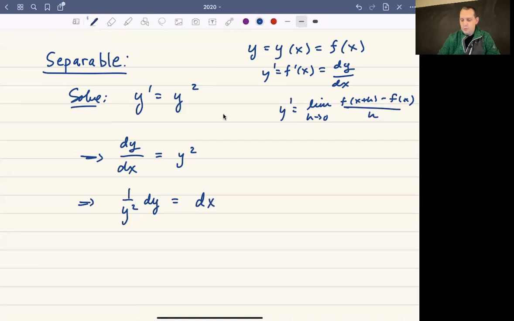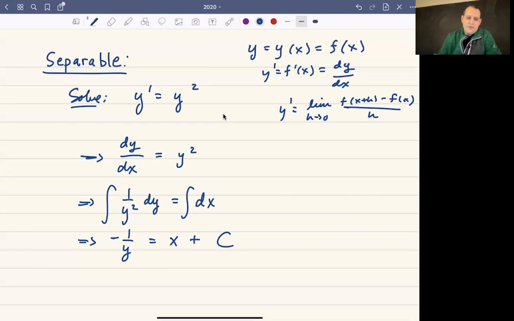But what we're allowed to do is integrate both sides, and now it's a completely okay equation. So now it's true that the integral of 1 over y squared dy is equal to the integral of 1 dx, or just the integral of dx. The integral of 1 over y squared would be negative 1 over y. The integral of 1 dx would be x, and we need a plus c somewhere. Doesn't matter if you put it on the left or the right, you can just always move it to the right because it's a general constant anyways.